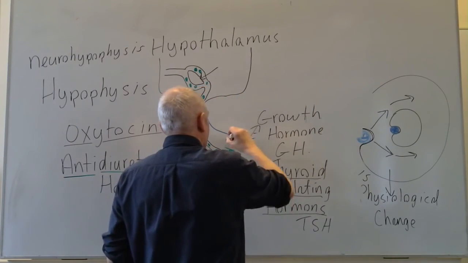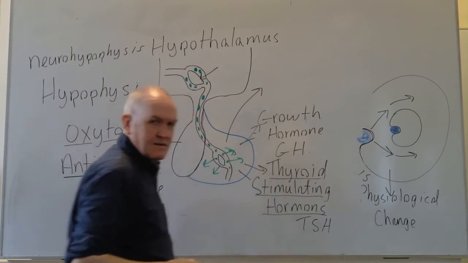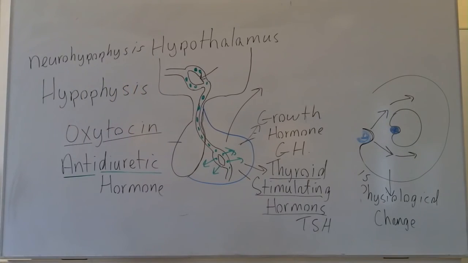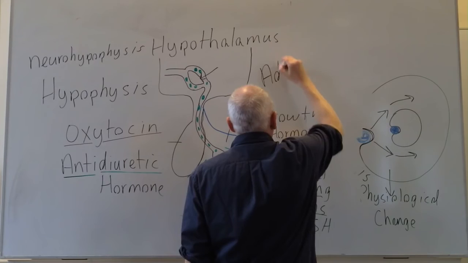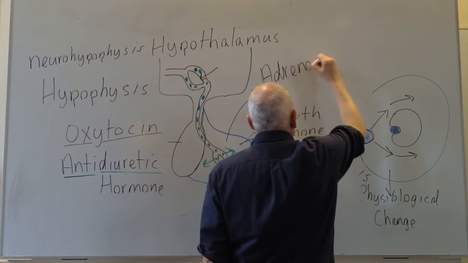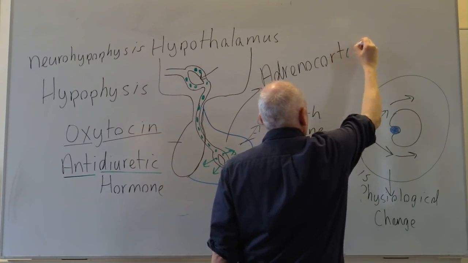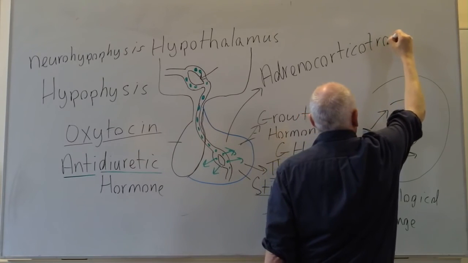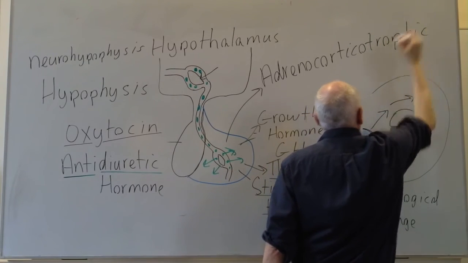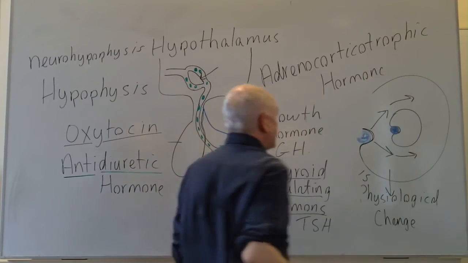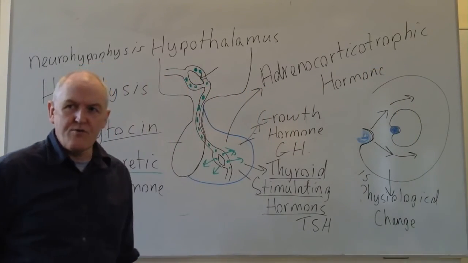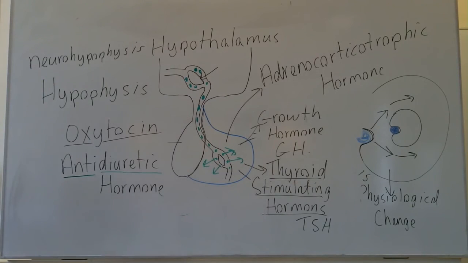Another example of a hormone produced by the anterior pituitary is adrenocorticotrophic hormone.